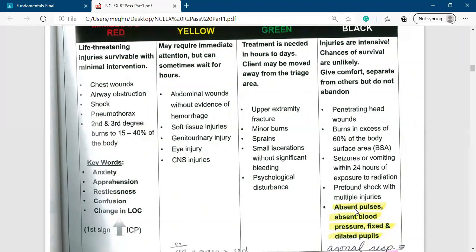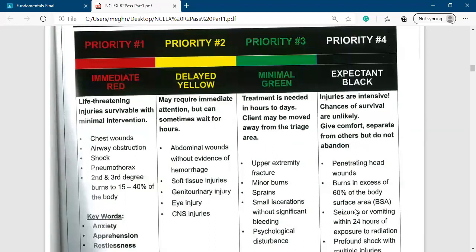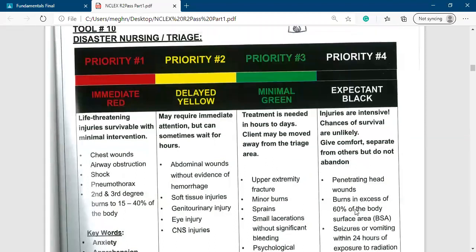Time is here to say goodbye. But always at this stage, we have to try to give them comfort, a painless death, right? So this is the category or prioritization on the basis of triage. Sometimes the NCLEX board asks questions from here.